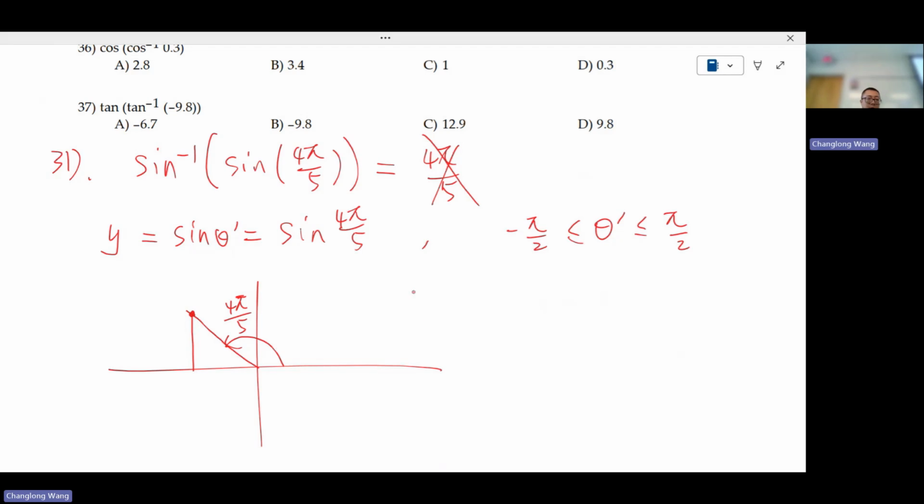Where can I draw the terminal side? I cannot draw it over here, right? Because the y is going to be negative. I cannot do it over here, right? The only quadrant I can think of will be over here, right? Or I should have done a different color.